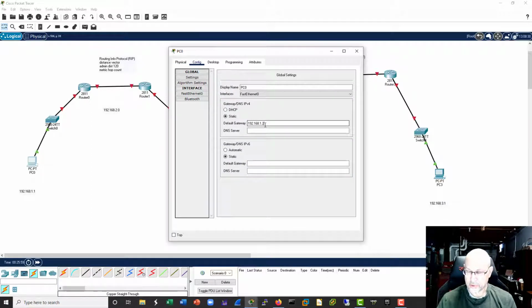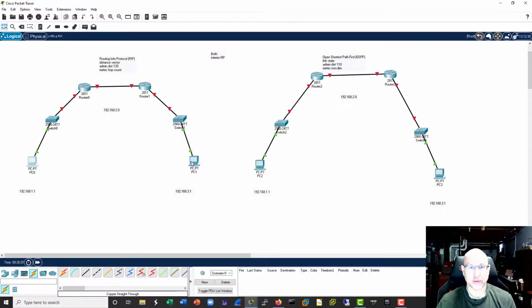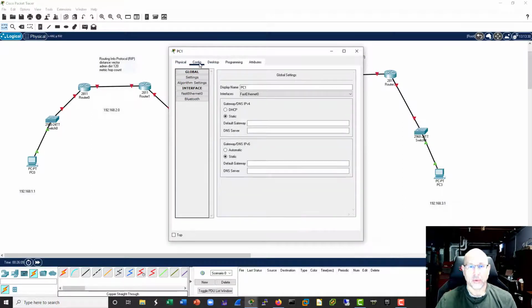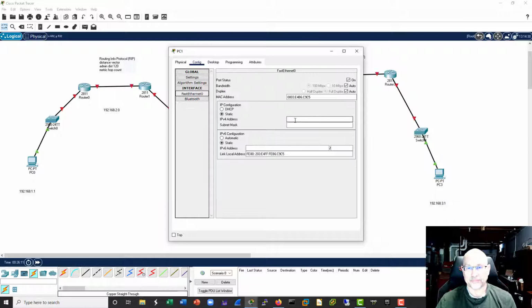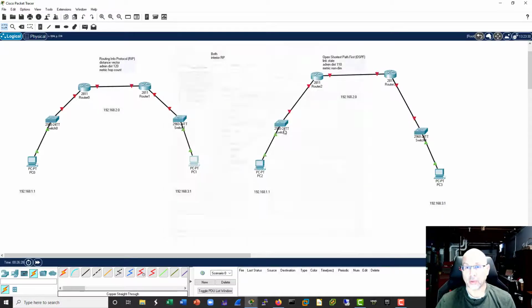So let's do the hosts first. We're not going to worry about a host in the middle. And our gateway on this side, even though it's going back the other way, we'll just continue to use 254. There we go.